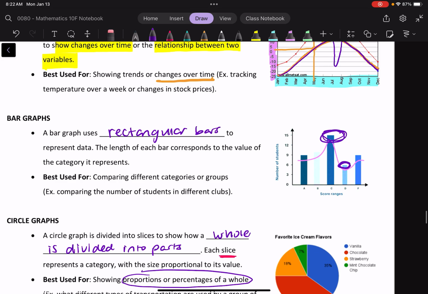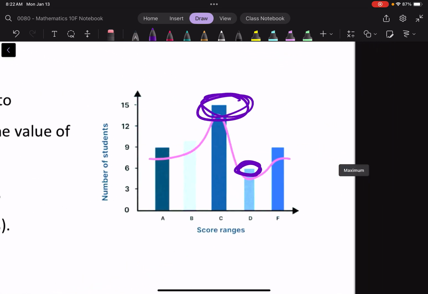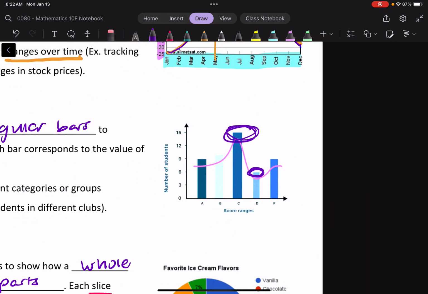If I'm looking at this graph and I'm going, okay, 9 people scored an A, about 10 scored a B, 15 a C, 6 a D, 9 an F, I could make predictions.